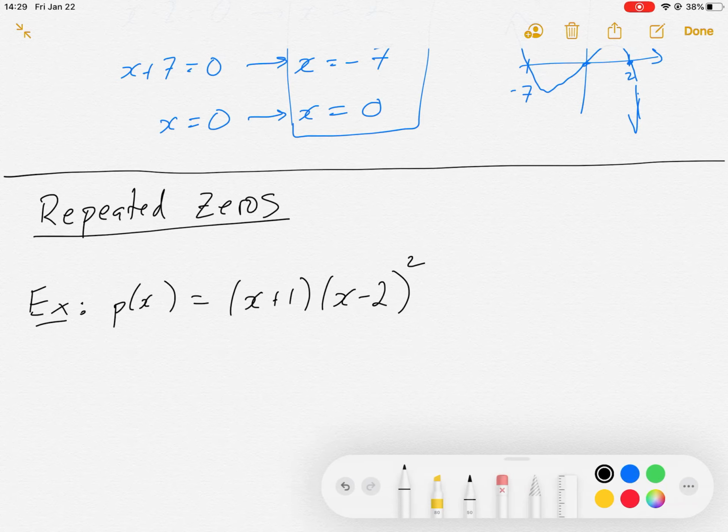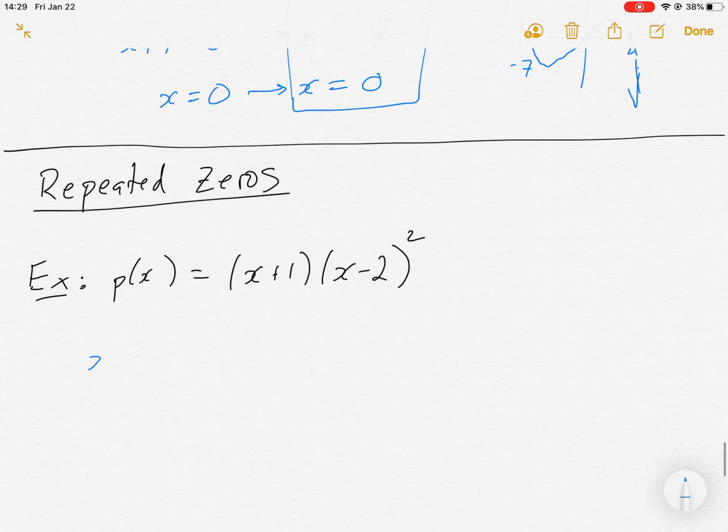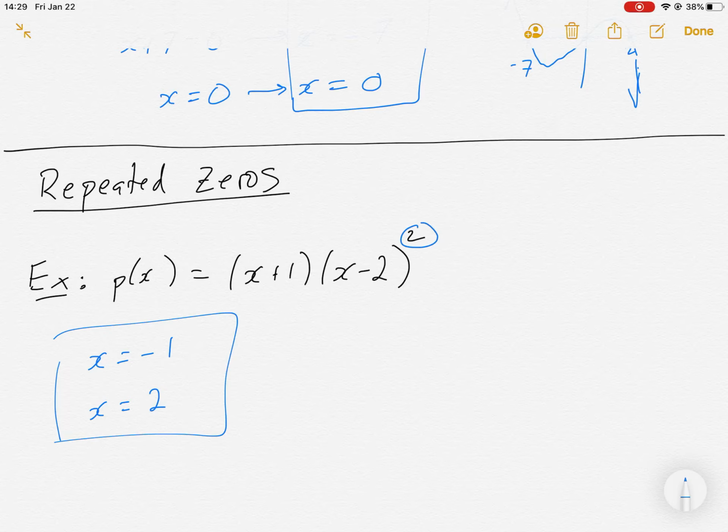Now in this case, if you were to solve each of these factors out, you would see that x equals -1 and x equals 2 are the zeros. However, the x equals 2 zero is squared. And the x plus 1 zero, the x equals -1, really just has an exponent of 1. I'll add a little 1 in there.